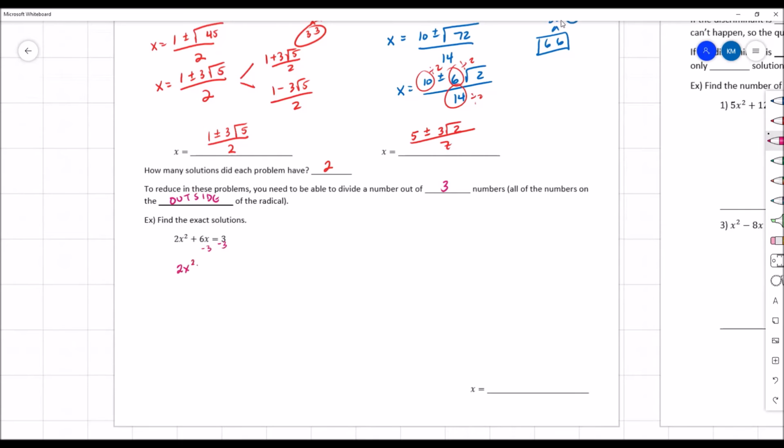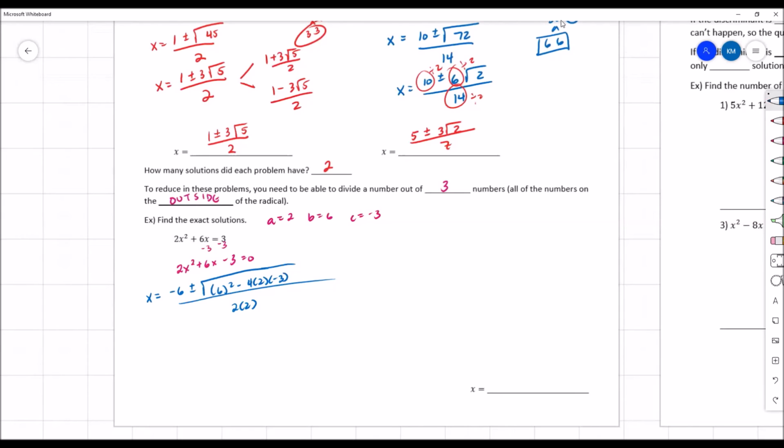So 2x squared plus 6x minus 3 equals 0. Identify A, B, and C, and then plug in our values into our formula: x equals opposite B plus or minus the square root of B squared minus 4 times A times C, all over 2A.